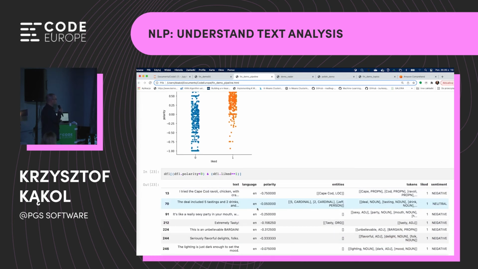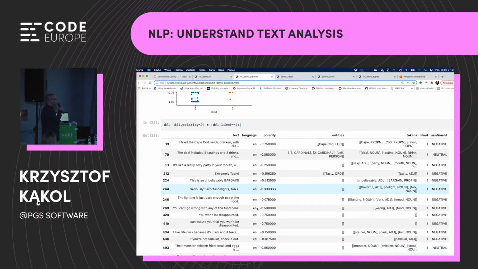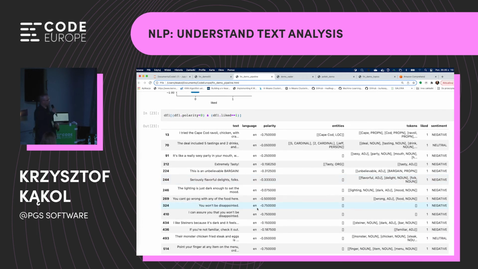So this is an example of a data set that consists of sentences that are liked, but negative sentiment was detected. For instance, sentence number 4, extremely tasty. I don't know why spaCy said that this is negative, but it said so.